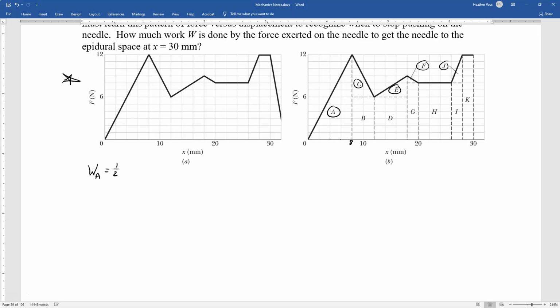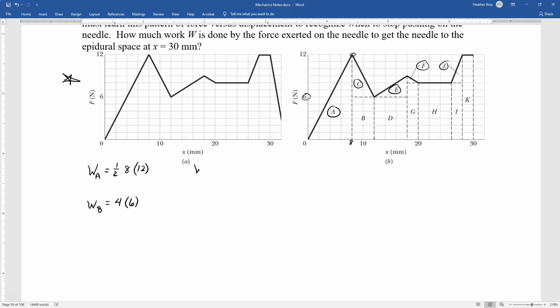So this happens at 8. So 1/2 8 times my top up here is 12. So I've got 1/2 base times height, or 8 times 12. The work that's done for region B is going to be a rectangle. So this is going to be 2, 4 across. And we are, as we can see right here, only 6 high.